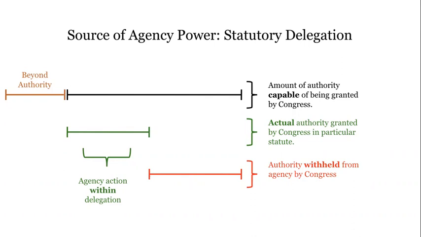What is the authority that Congress actually granted the agency? And then what is the agency's action relative to that authority it was granted? If it's in the green, then we can say that the agency action is within its delegated authority. So the agency is doing exactly what it can do.